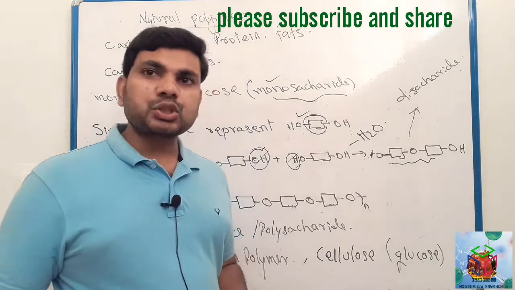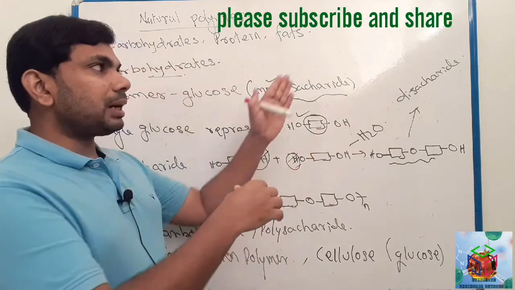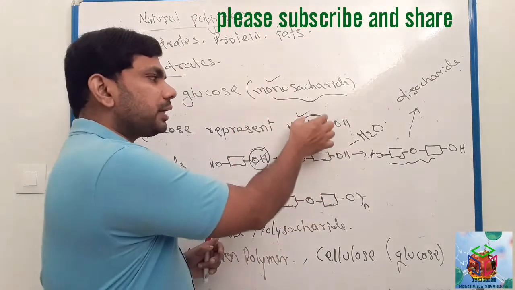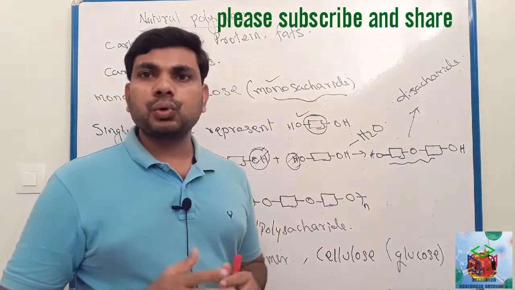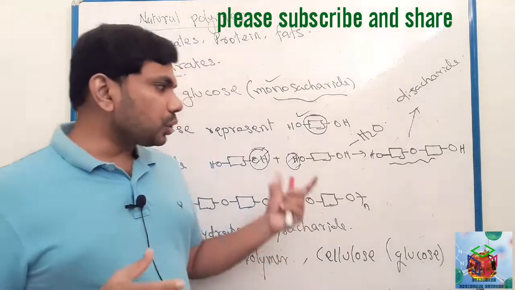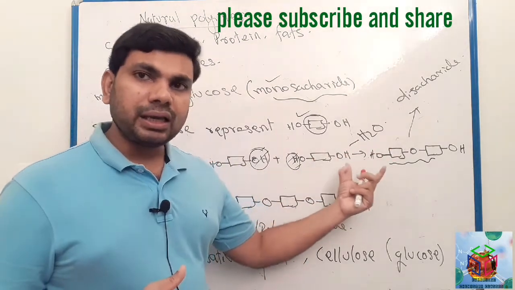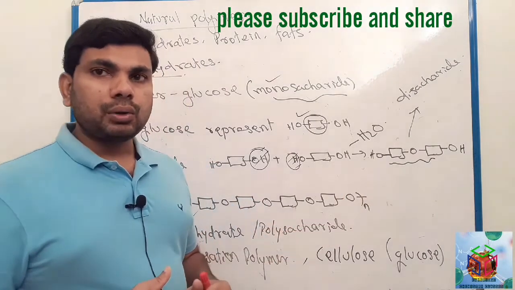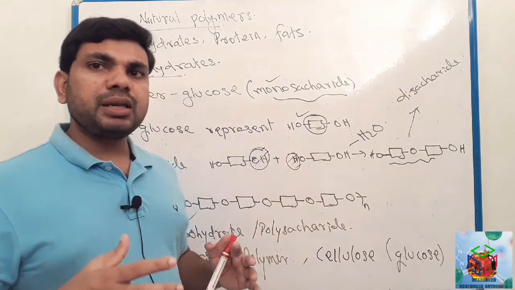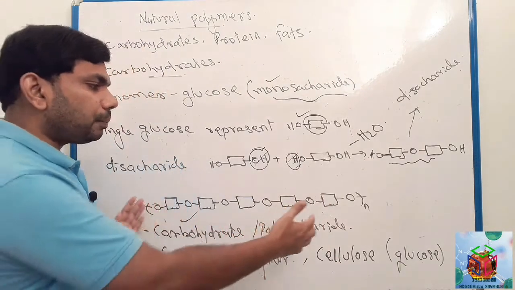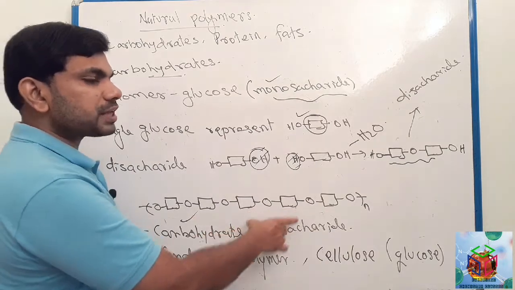You can draw the structure of glucose, no need to draw the complete structure. You can show a box with OH on each side. This represents a glucose molecule. Two glucose molecules combine to form a disaccharide by eliminating a water molecule. Many glucose molecules, after elimination of water, form a polysaccharide.